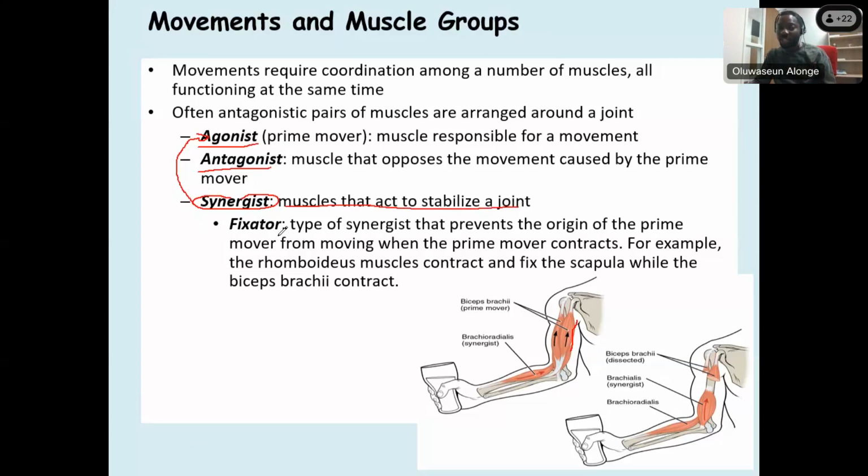There are also some muscles we call fixators. The fixators are a type of synergist. What they do is prevent the origin from moving. The origin of the agonist is not supposed to move, so they help to stabilize that origin. For example, the rhomboideus muscle contracts and fixes the scapula while the biceps contract.